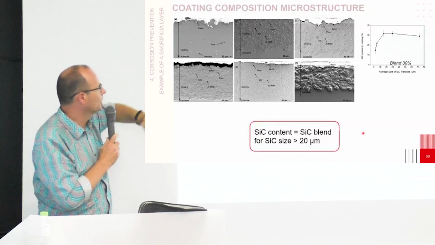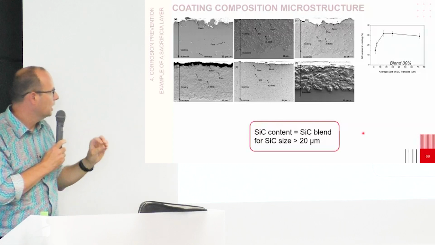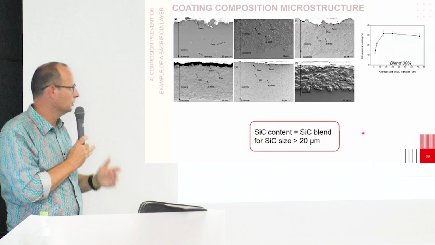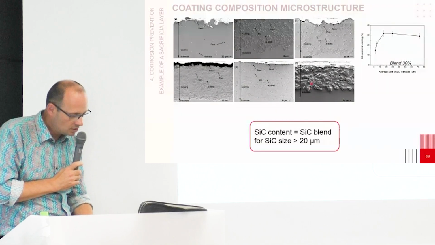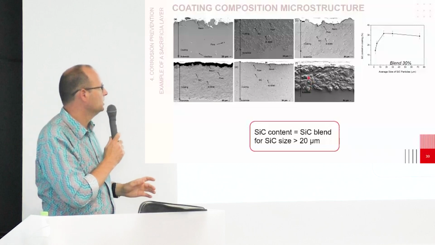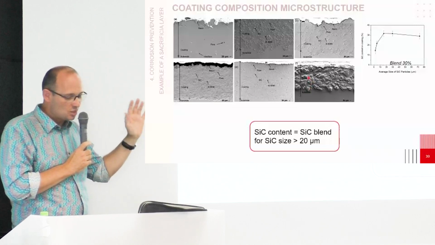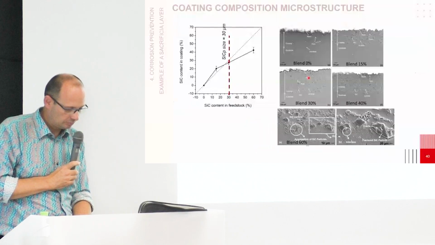And these coatings are quite different. Sometimes silicon carbide particles are just sprayed like that. Sometimes they start to be very interconnected. Sometimes they are very big, so there is only a small layer of alumina between particles. It may change the corrosion process.